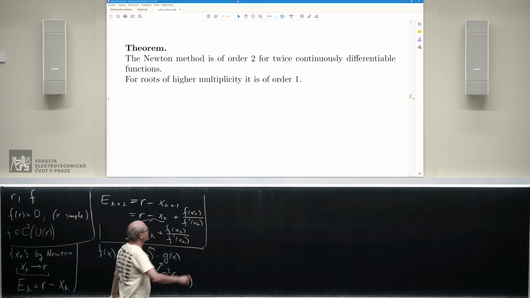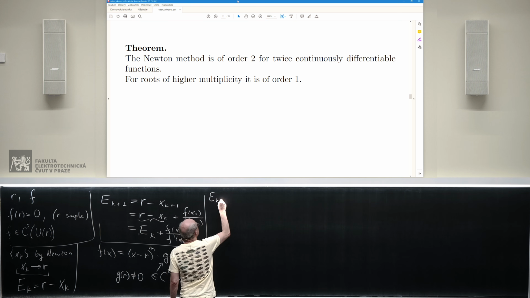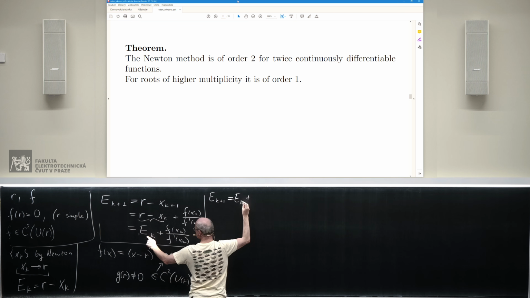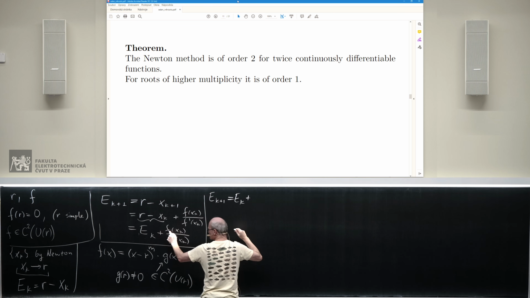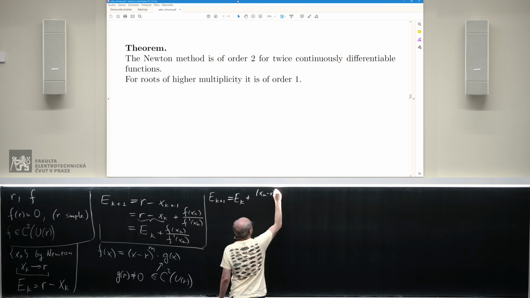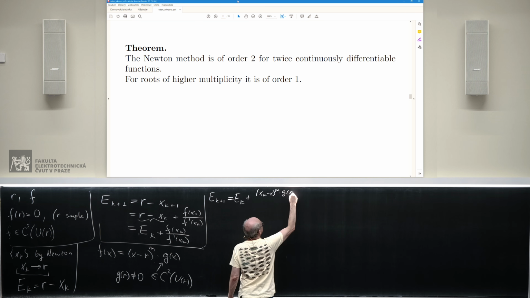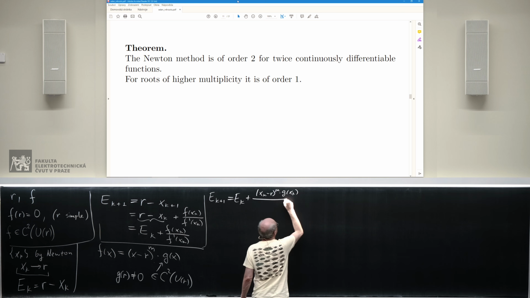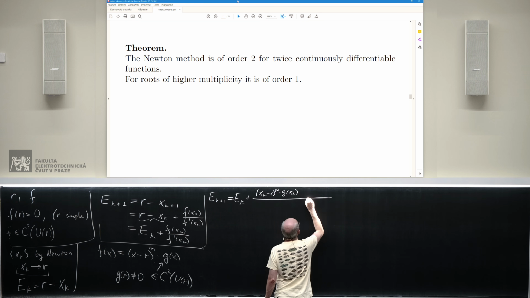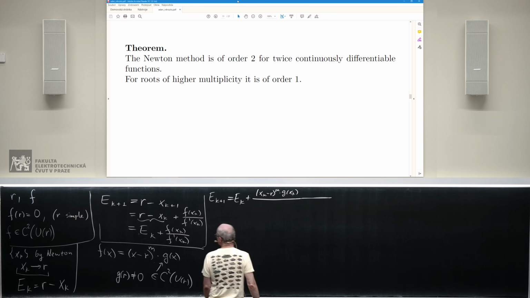So our formula looks like this. e_{k+1} is e_k plus, we have to put x_k into f, which is over here, (x_k minus r) to the power m times g(x_k), divided by the derivative.